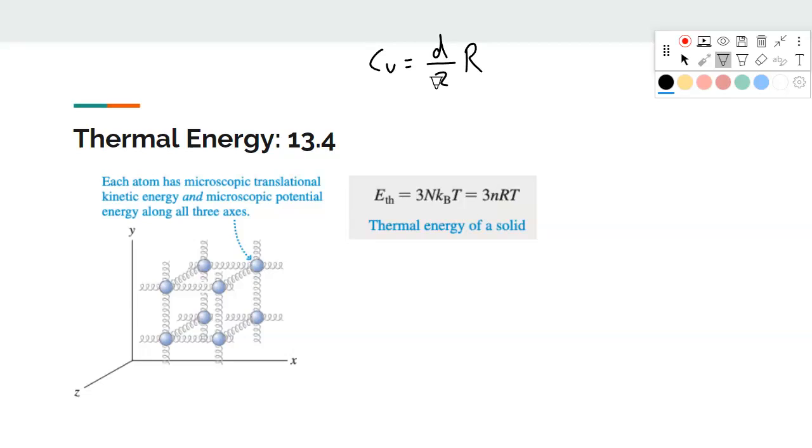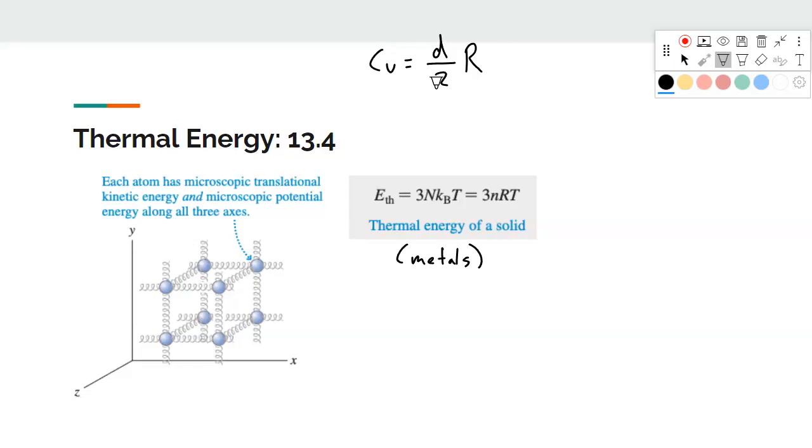It turns out that for metals, it works okay. For more complex things that have some weird crystal structure or that are amorphous solids, there are so many ways that matter can exist. It tends to not work very well. So your book doesn't say this, but I'm just going to add the note metals here, because this is about the extent of the usefulness of this formula.